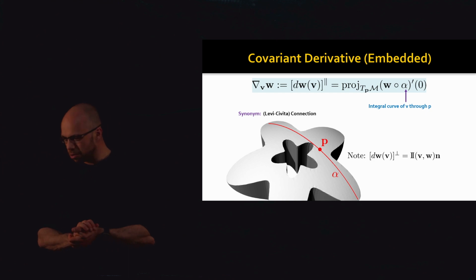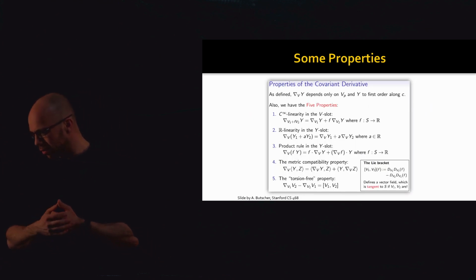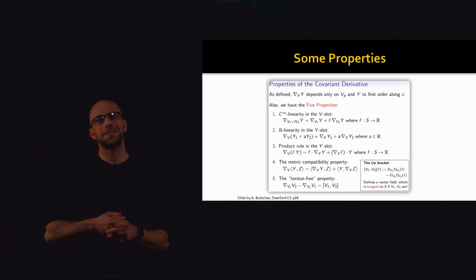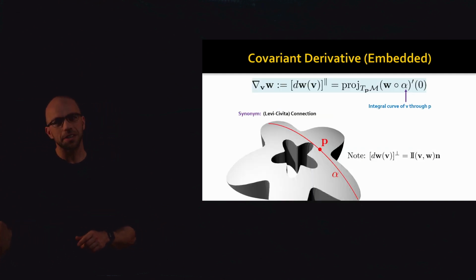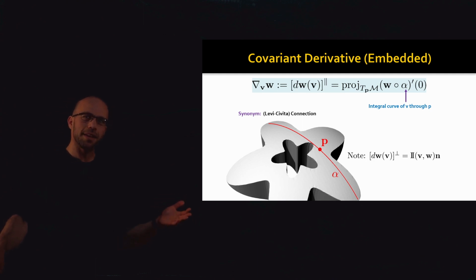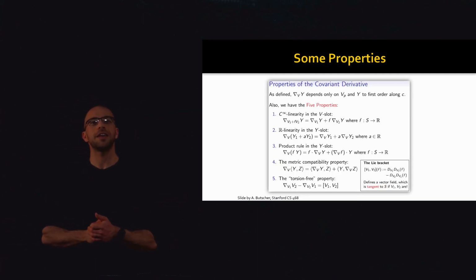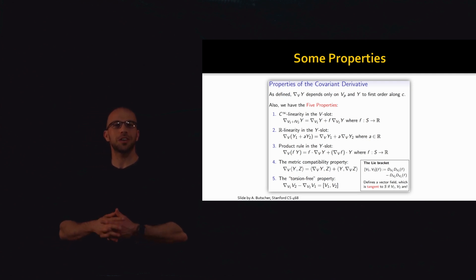There's a more general version of the covariant derivative. If you read through a Riemannian geometry textbook, it takes this basic intuition that we can develop with this simple definition for an embedded manifold, and then tries to make it work for a non-embedded Riemannian structure.